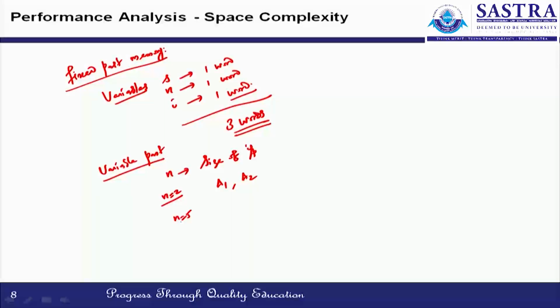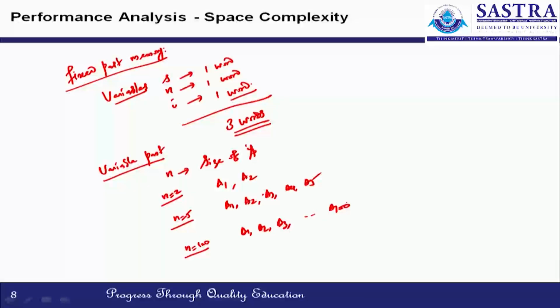When n is equal to 5, memory is required to hold the array elements a1, a2, a3, a4, a5. When n is equal to 100, memory is required to hold the 100 elements in the array, a1, a2, a3, etc., a100.